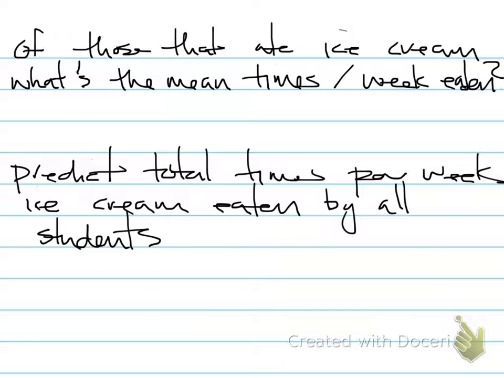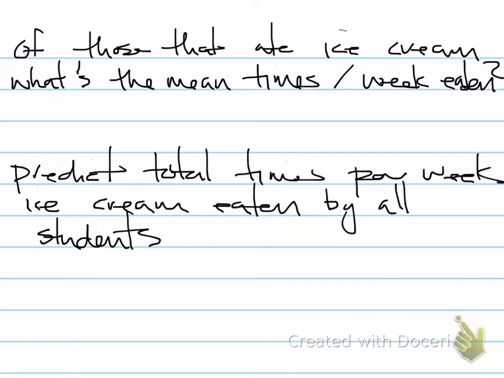And of those that ate ice cream, what's the mean times per week that it was eaten? Again, 8 out of 10 students said that they ate ice cream. All right, so we've got 14 out of 8. So let's back up.